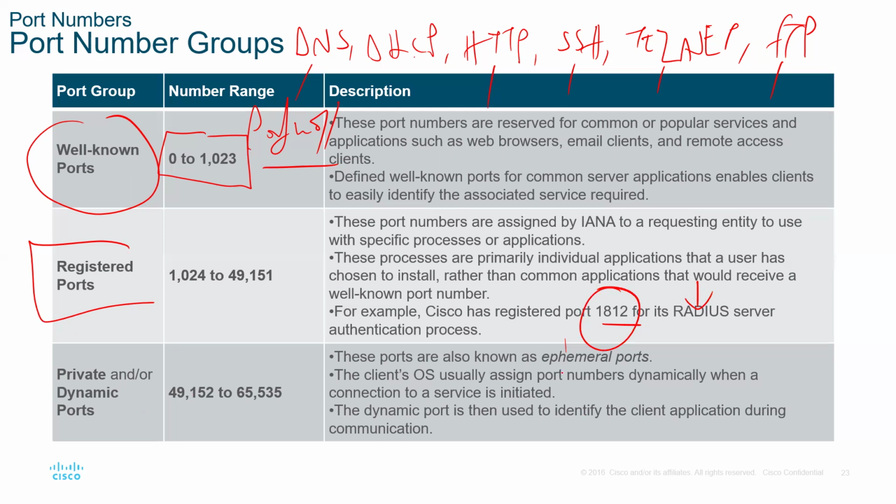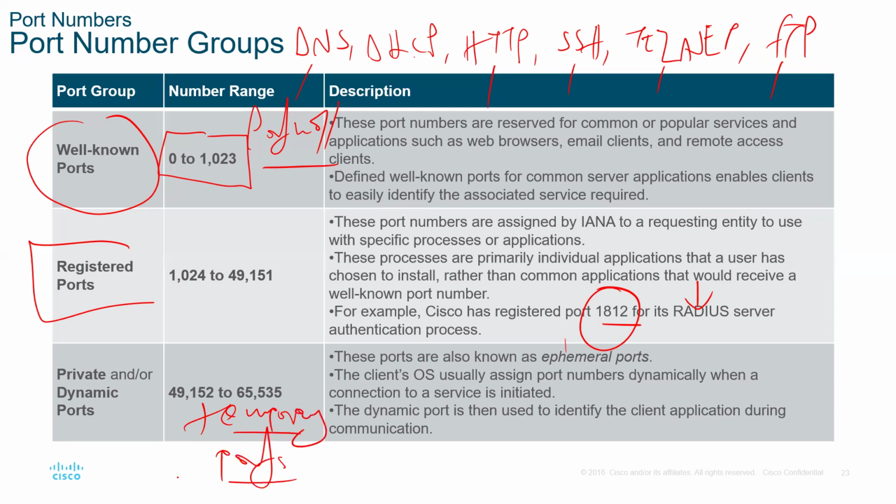Right. Then we have lastly private or dynamic ports. These are also known as ephemeral. The client's OS usually assigns port numbers dynamically when a connection to a service is initiated. The dynamic port is then used to identify the client application during communication. With private ports, I usually define them as temporary ports.